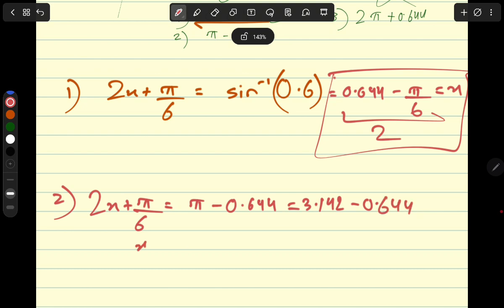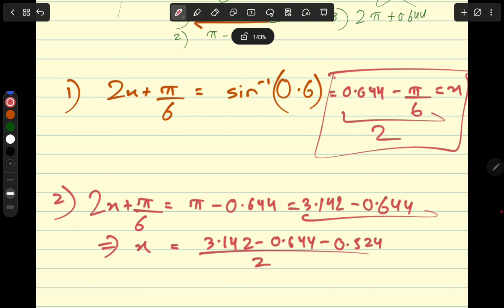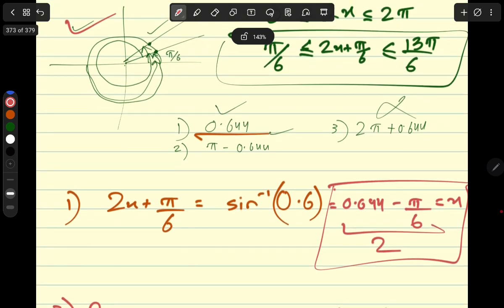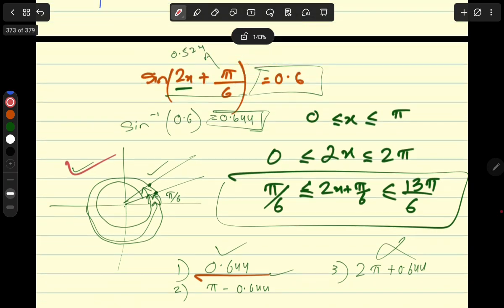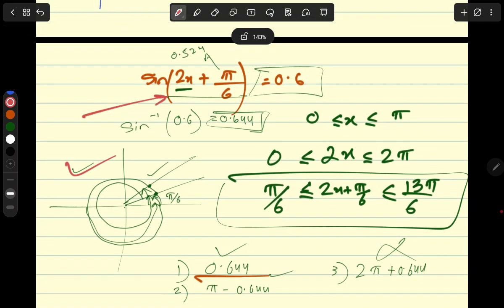And then x is going to be equal to 3.142 minus 0.644 minus pi by 6, which is 0.524, and the whole thing divided by 2 in order to find the value of x. You can put it in your calculator and verify by plugging this back into this equation and finding the sine of it in the radians mode to see that this indeed is 0.6.